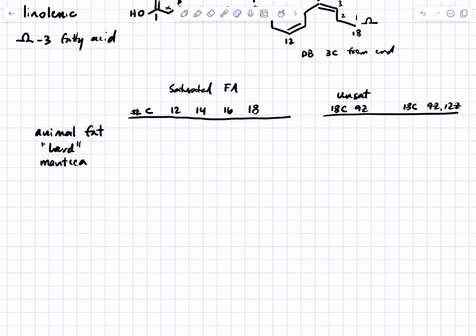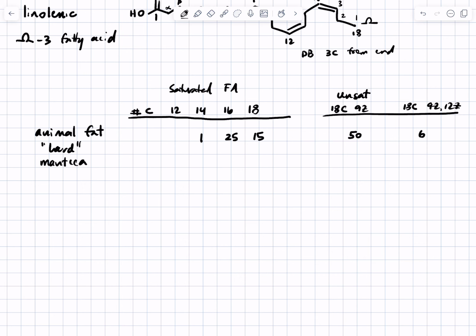So, for example, animal lard, or fat, or manteca, is mostly saturated fatty acids. Percentage-wise, it's about 25% 16 carbon, 15% 18 carbon, about 50% unsaturated, and about 6% diunsaturated. So I guess I said mostly saturated. It's actually mostly unsaturated, but with a substantial component of saturated fatty acids.